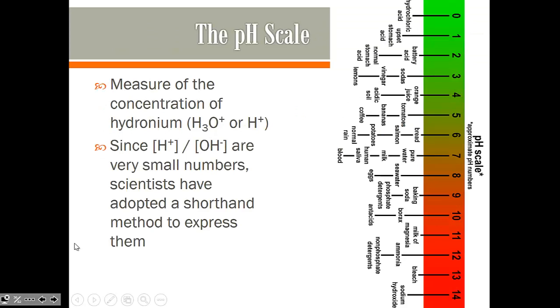You can think of the pH scale as being the number of decimal places in front of that concentration. Something with a pH of 0 you can think of as there are 0 decimal places in front of the concentration of hydrogen ions. So there are a lot of hydrogen ions in solution.